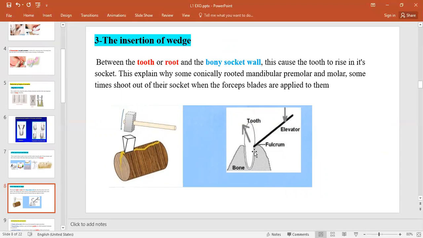Sometimes when we put the elevator in this way, a conical root will come out easily. Sometimes it shoots out of its socket when the forceps blades are applied to it.